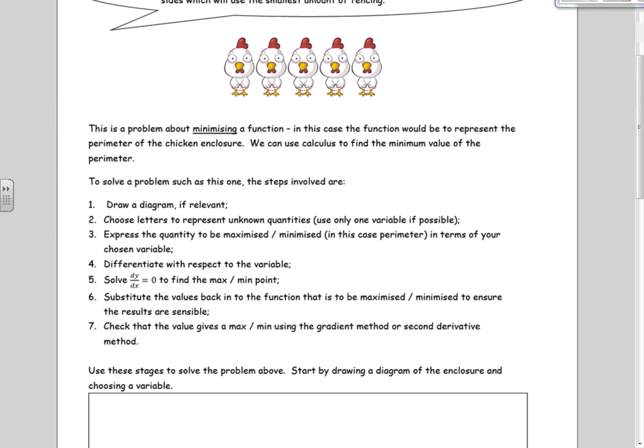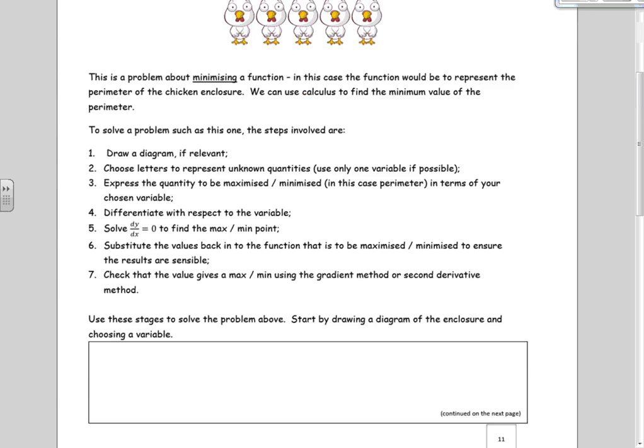So here we are given step-by-step instructions on the best way to answer this question. So the first thing we need to do is draw a diagram. And we're going to label the sides x and y, because opposite sides in a rectangle are the same length, and we know that the area of this is going to be 36 metres squared.